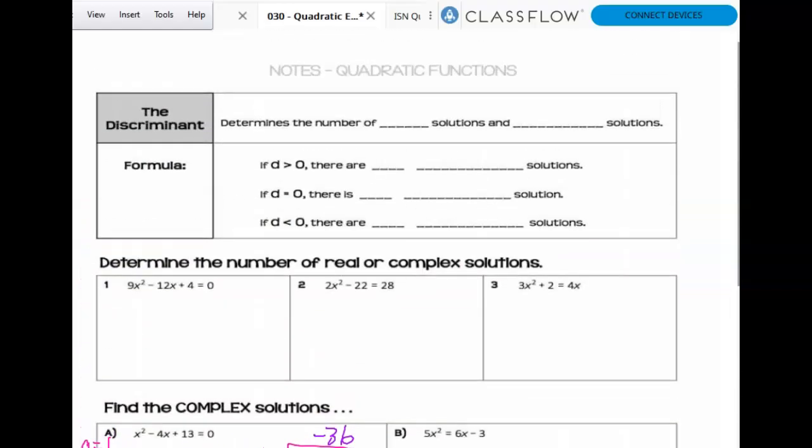So the last thing we're going to do is talk about the discriminant. It determines the number of real solutions and imaginary solutions. And I went back to the top. So, y'all, the discriminant is just the square root part.